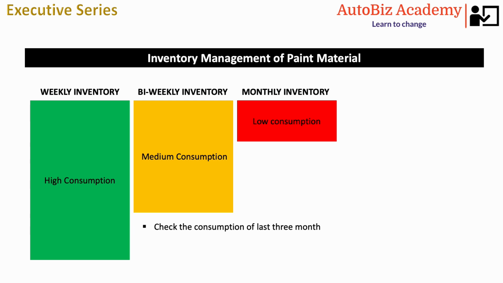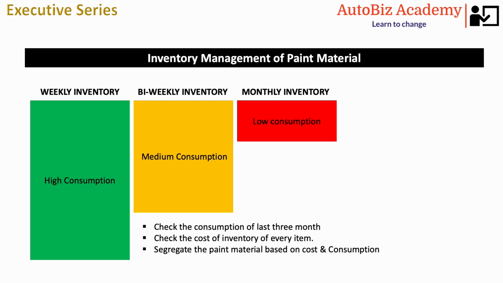It is a bit of a complex exercise, but once it is done, you can save a lot on inventory carrying cost. Check the cost of inventory of every item. Segregate the paint material based on cost and consumption. Set the inventory rack as per analysis. Let us understand how the rack needs to be maintained.